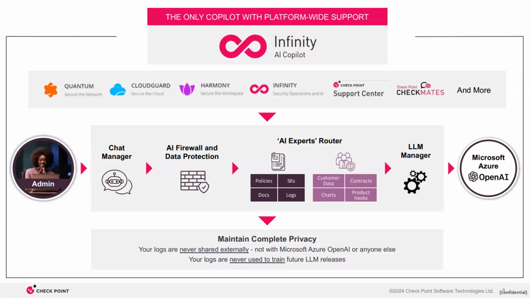First, it goes through the AI firewall, which protects our architecture from any vulnerability of LLM like prompt injection or poisoning of data. Then we classify the question that's been asked by the administrator, whether it's related to policies, logs, documents, or SKs. Later on, we'll show you some demos with these use cases that I'm talking about. But for now, just stick to the slide.